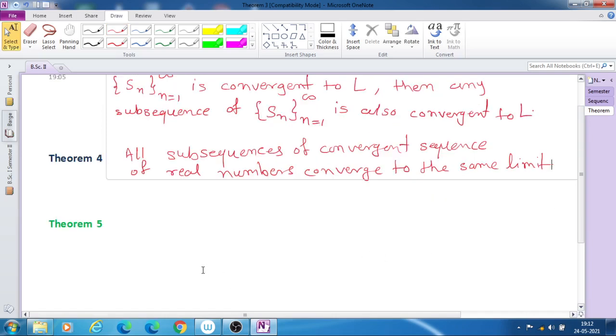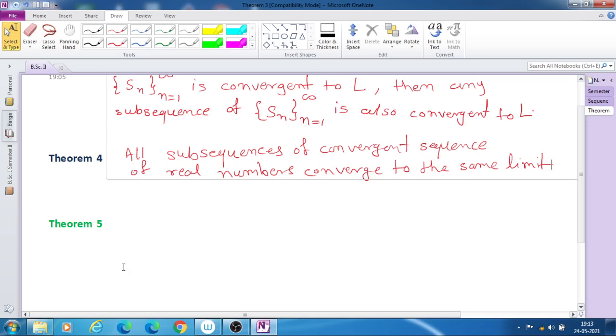That means if there is more than one subsequence, then all the subsequences converge to the same limit, that is, the limit of the given sequence.